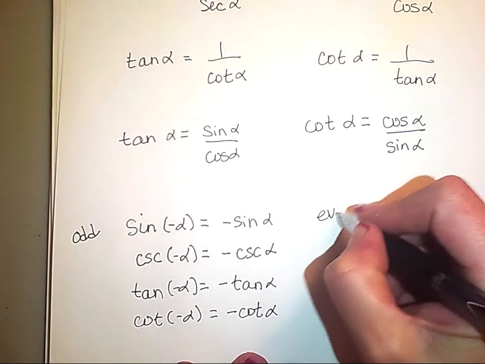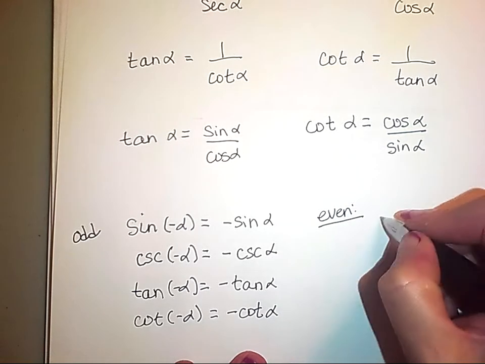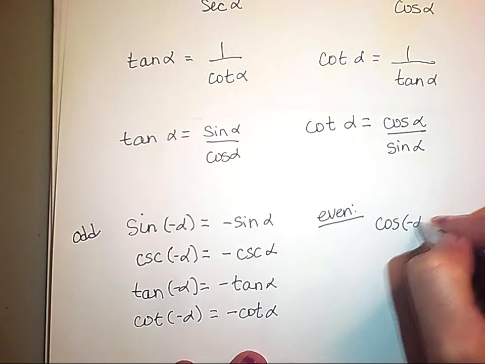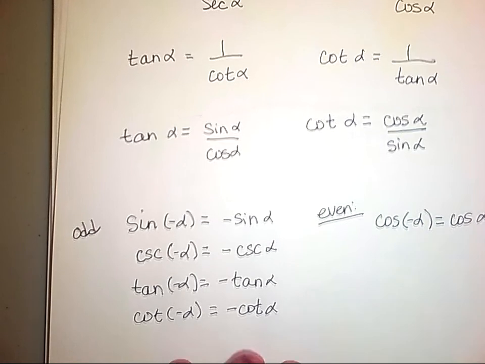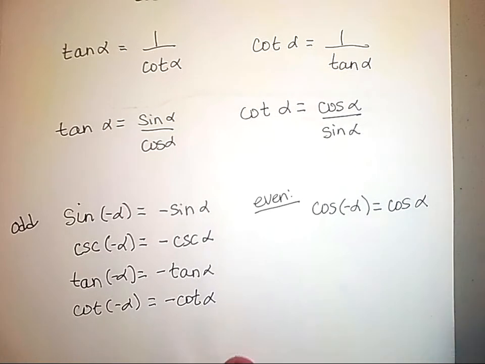We have 2 that are even then. We have the cosine. So the cosine of negative alpha, we can write as cosine of just positive alpha because it's even.